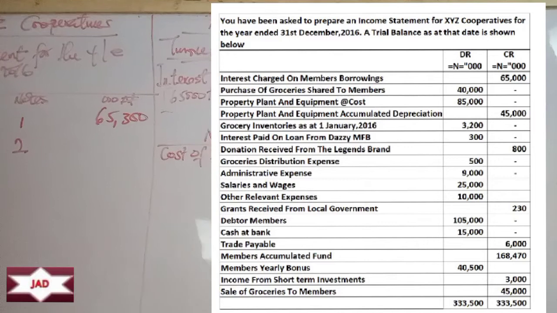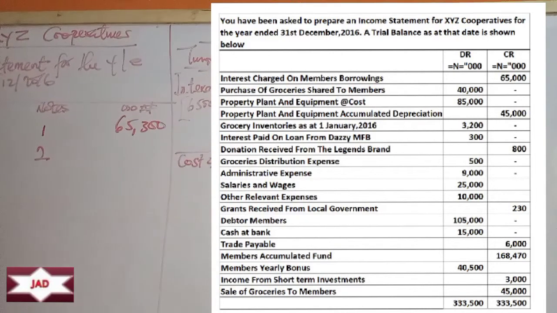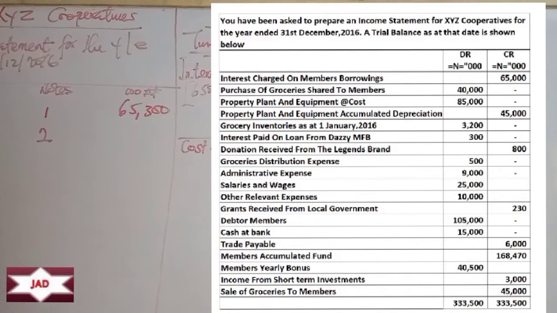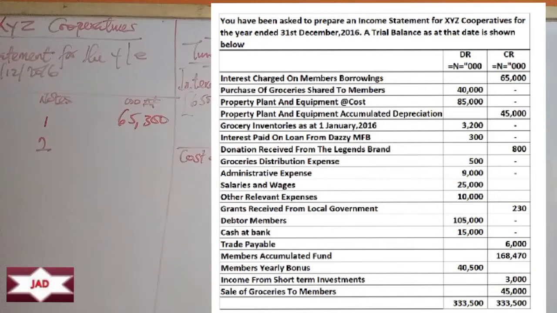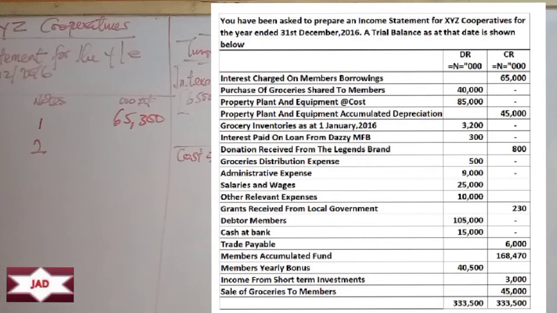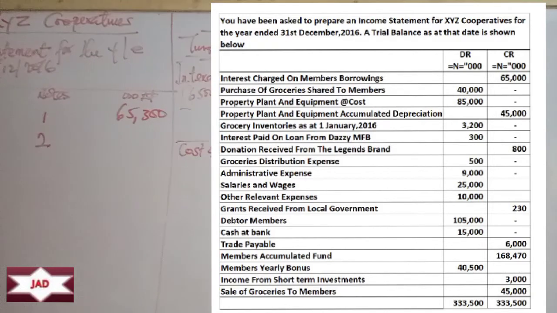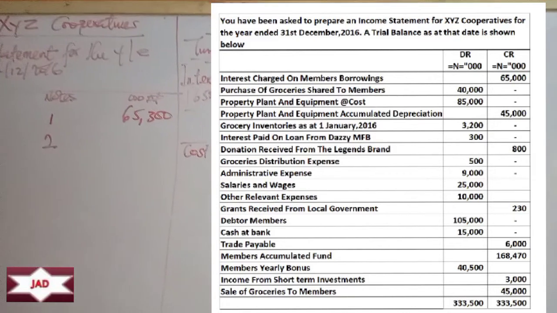I think in terms of direct cost, since the basic revenue source there is interest on members' borrowing, what are the direct costs relating to the interest on members' borrowings there? So from what I can see here, I can see interest paid on loan from DASI MFB. That's more like an expense, part of the cost of running the business.